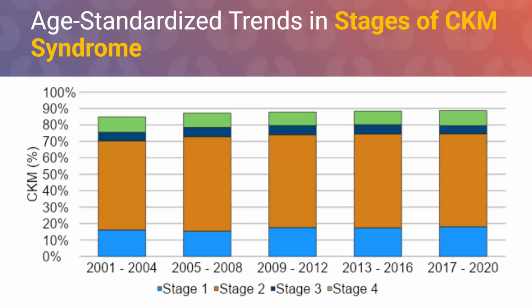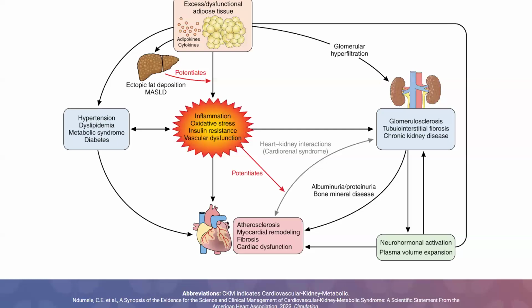Next slide, Mike. This slide is again from the same article, the American Heart Kidney Advisory, and shows the central role that excess or dysfunctional adipose tissue plays in all of this with the production of adipocytokines. Some of it goes straight and deposits in the liver.